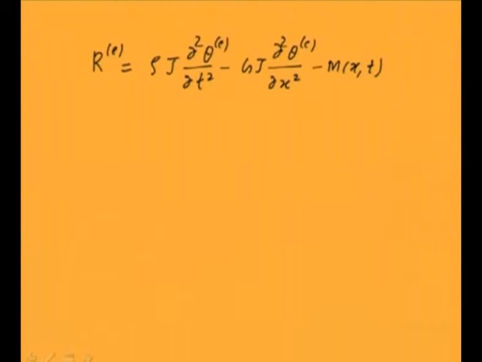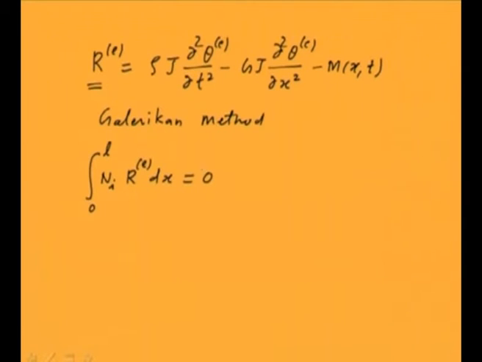So this is the residual, and here we will be using the Galerkin method to minimize this particular residual, and we will be using shape functions as a weight function to minimize this residual over the whole length of the beam. L is the length of the beam.